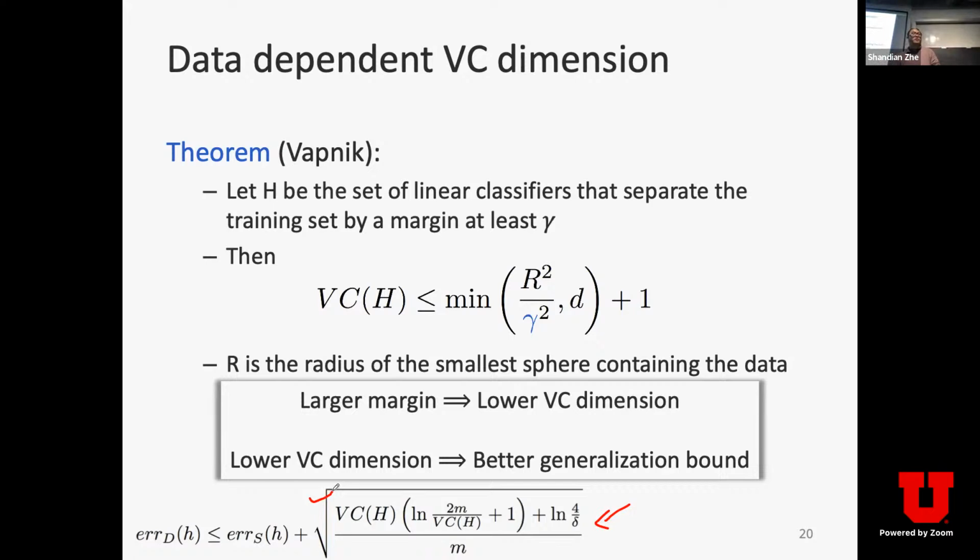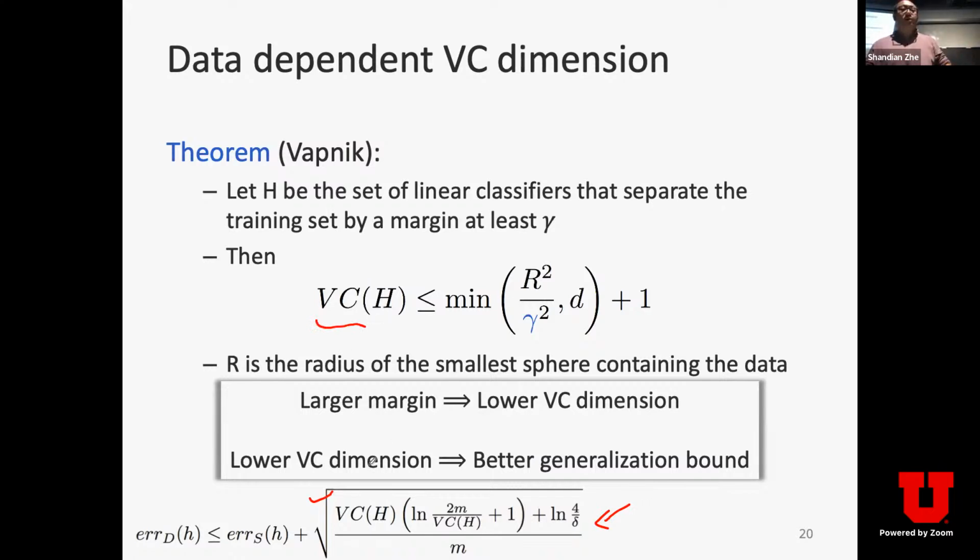This result actually motivates us, right? When we learn linear classifiers, why do we search over the entire set of possible linear classifiers? We don't need to. We just need to search the subset of linear classifiers that has the largest margin, because that subset has the smallest VC dimension.